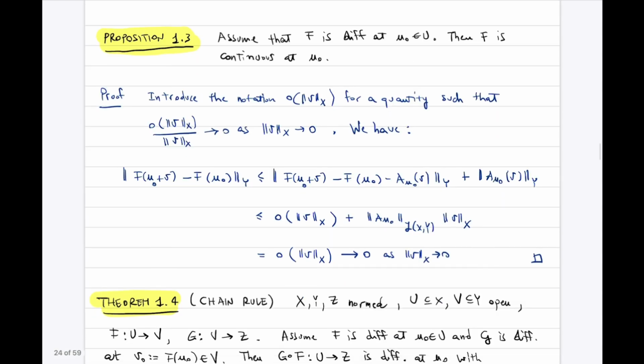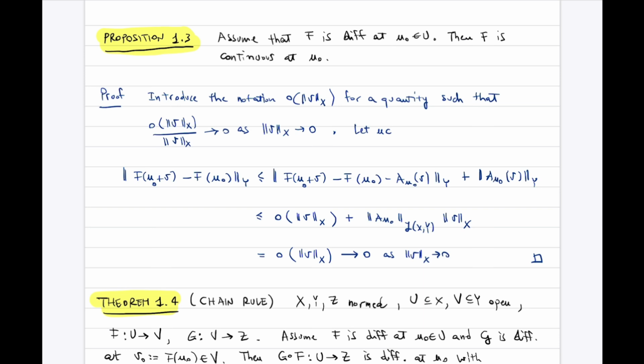Okay, so let's check continuity. So fix some point v in U, of course, such that u0 plus v is still in U. So let's make this a bit more precise.